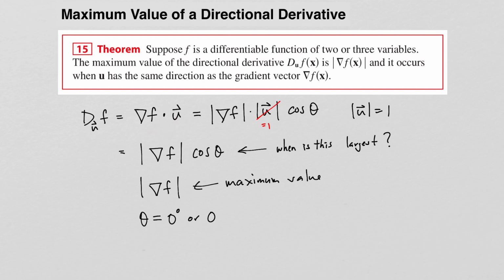So when are you going to have a maximum value? You're going to have it when the cosine of theta is 1. That happens when theta is 0, which means the vector u is pointing in the same direction as the gradient f. And what is that maximum value going to be? It's going to be the magnitude of the gradient vector.